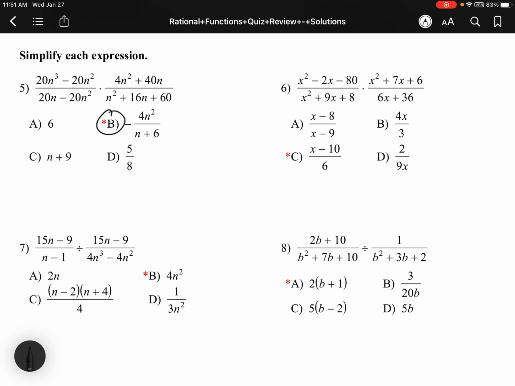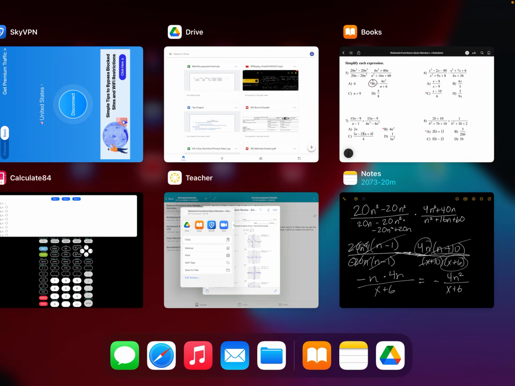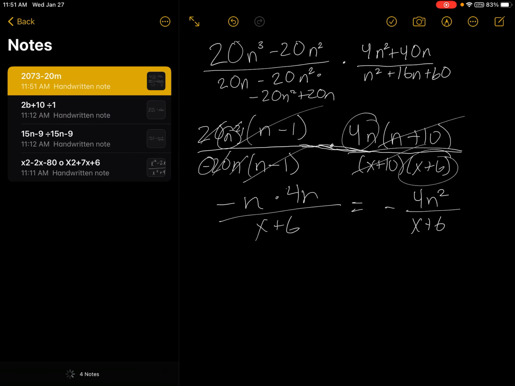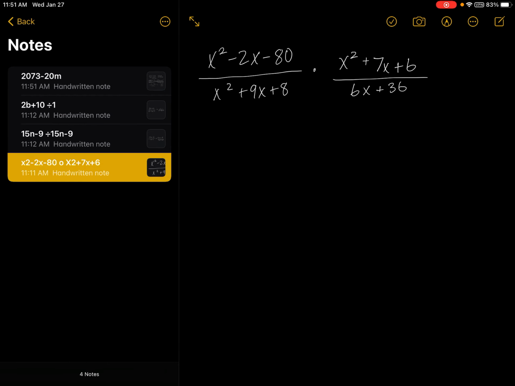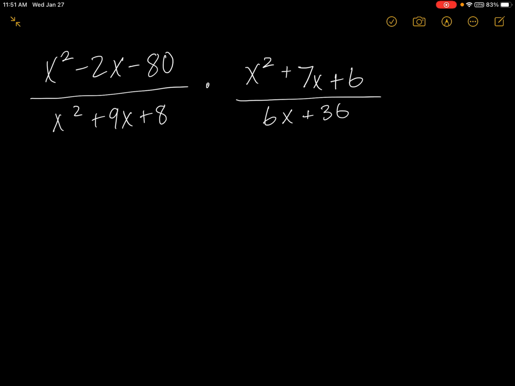All right, let's move on to number 6. So we have this expression, and I have it written out in my notes again, so I'm going to go to that. So we have x squared minus 2x minus 80 over x squared plus 9x plus 8 being multiplied by x squared plus 7x plus 6 over 6x plus 36. So first step, I'm going to simplify my expressions.